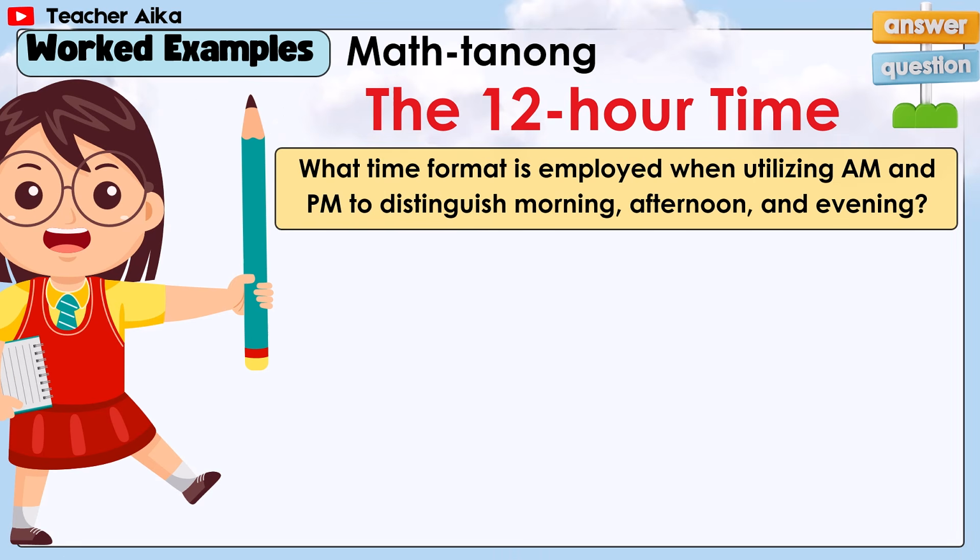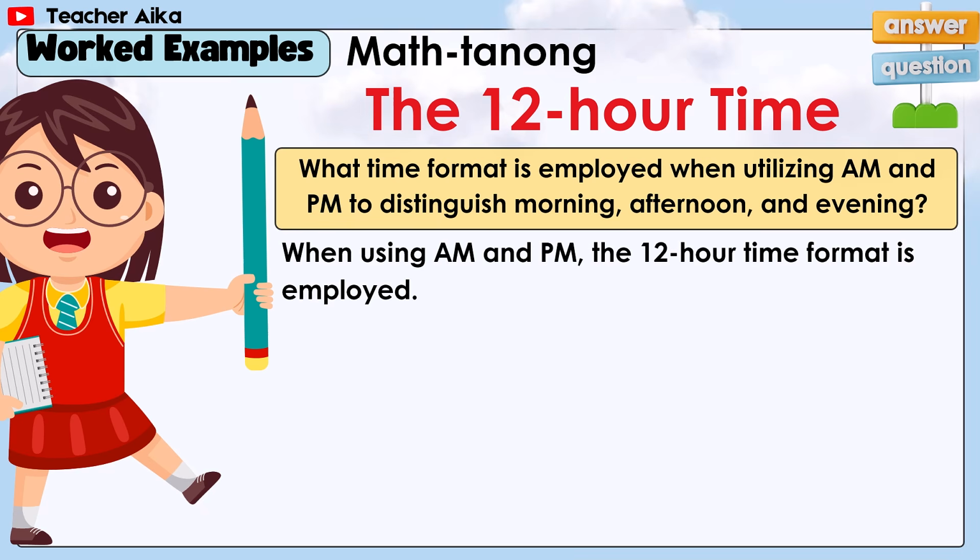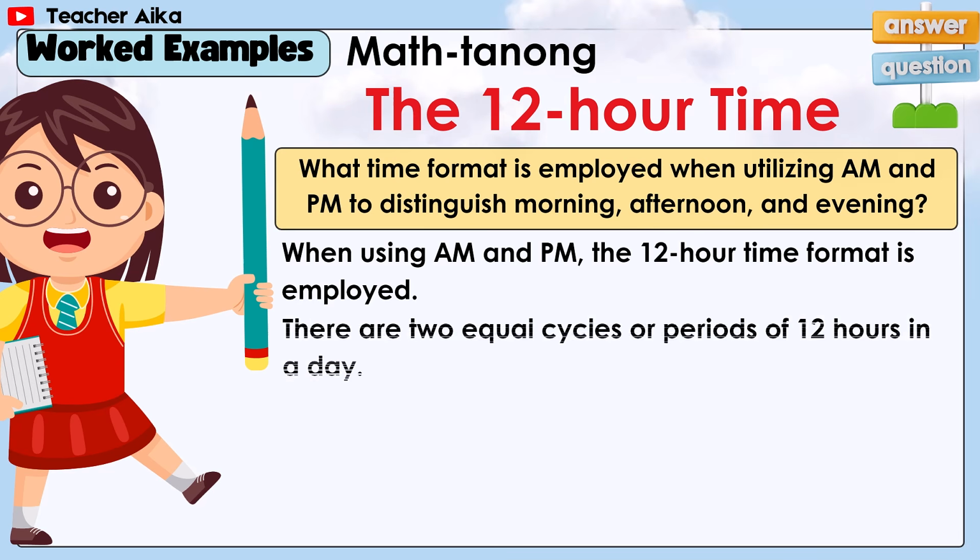Worked examples. Math tanong, the 12-hour time. What time format is employed when utilizing AM and PM to distinguish morning, afternoon, and evening? The answer, when using AM and PM, the 12-hour time format is employed.